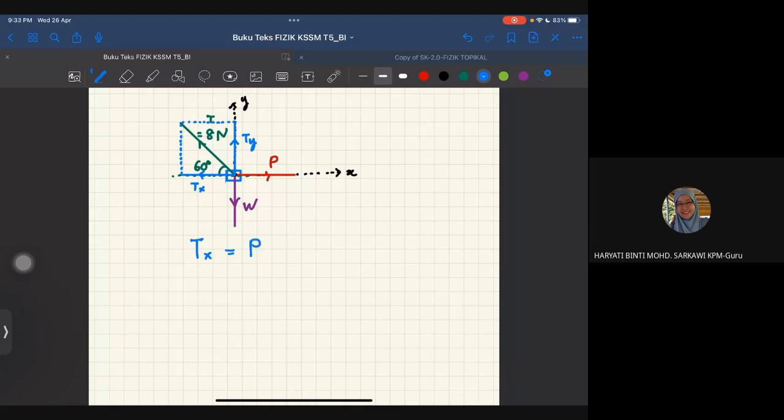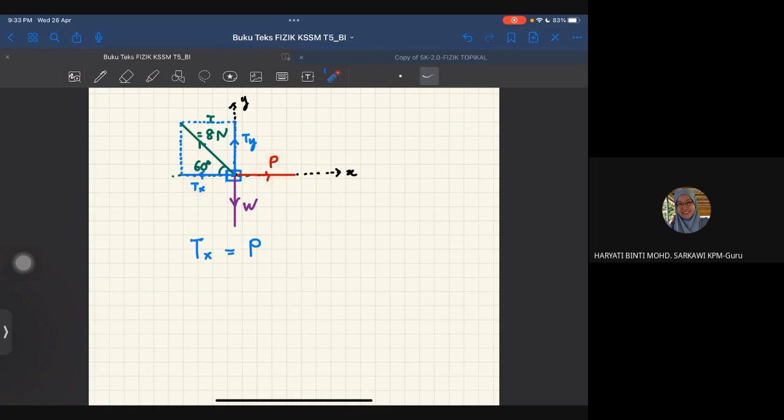Because the system is having zero net force, zero resultant force. So we can see that Tx and P act in opposite directions, but the magnitude will be the same.